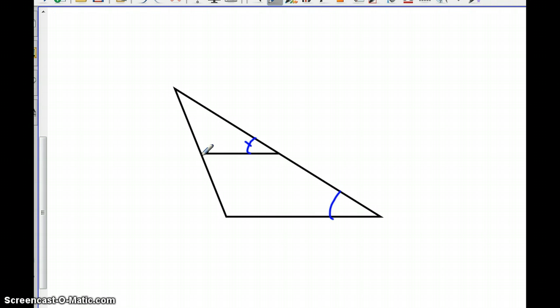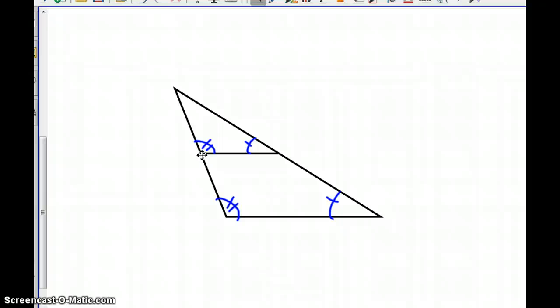Because these are going to be similar, and these are going to be similar. Angle, angle means similar. Actually, you don't even have to write two of them, do you? Because they automatically share the third angle. Because it's the same triangle. So you only need one angle, right?